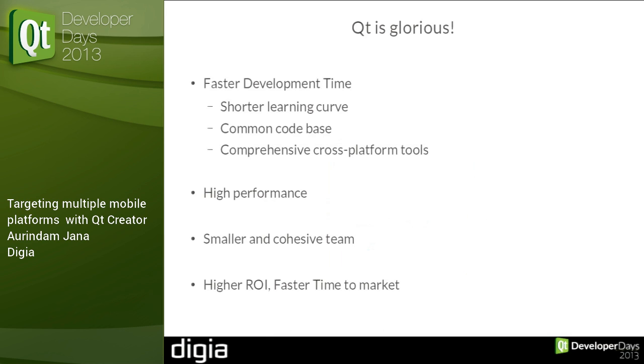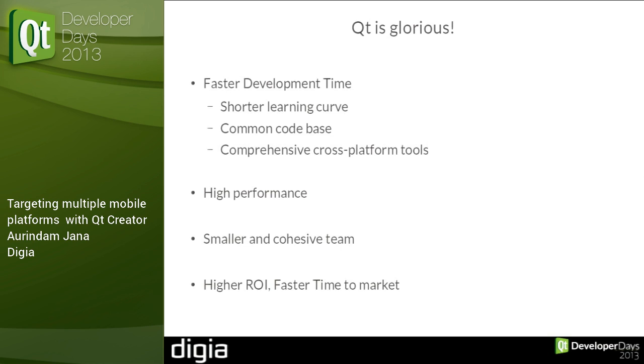So what is Qt good for? Qt is glorious. What are the advantages with Qt? You have, of course, faster development time because you have a shorter learning curve. You do not need to learn each platform-specific language. If you see all the 3 major platforms, nothing is common. You need to learn either Java, Objective-C, or C#. With Qt, that pretty much solves it.